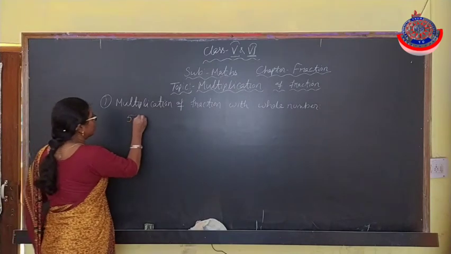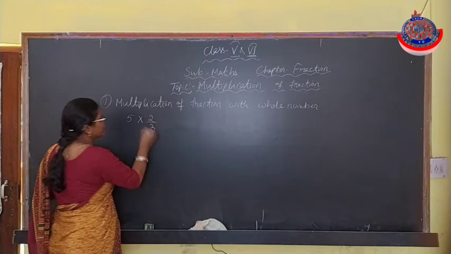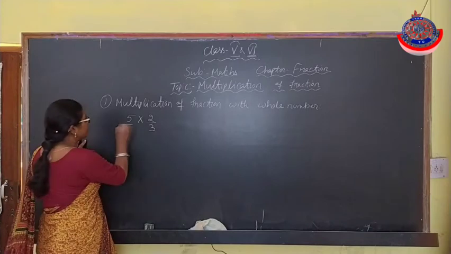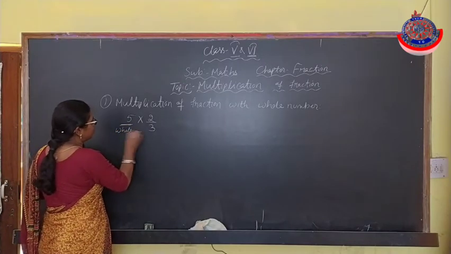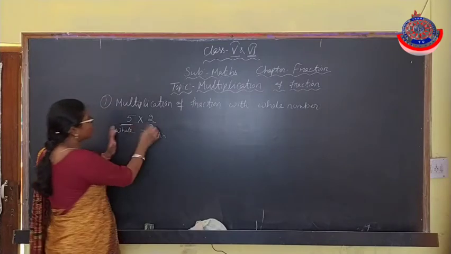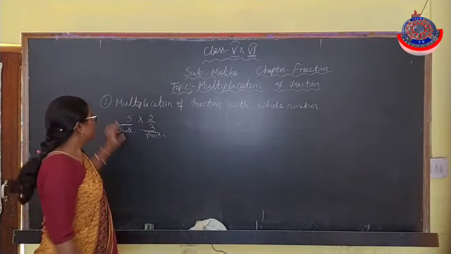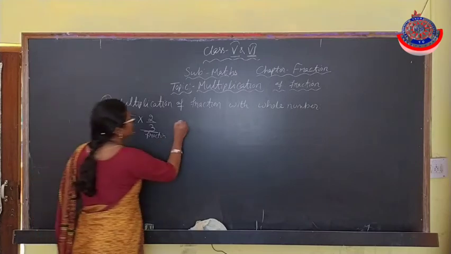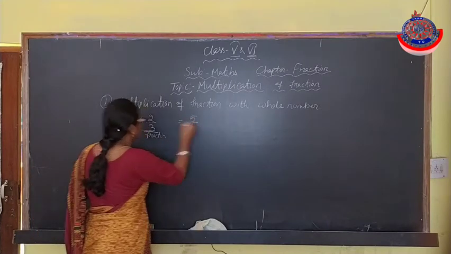Suppose I will write 5 into 2 by 3. Here, 5 is a whole number and 2 by 3 is a fraction. Now we will multiply both. What is the meaning of 5 here? 5 means 5 by 1.